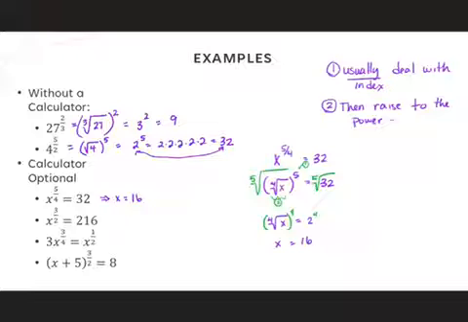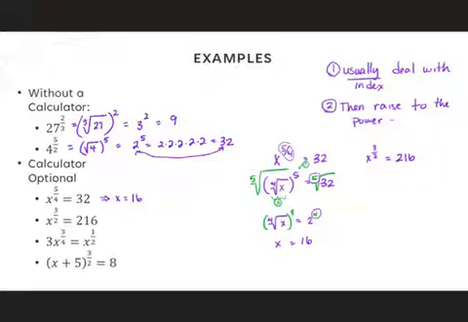Now, the reason we have rational exponents is because we can actually get there a little bit quicker. So let's take x to the 3/2 equals 216. Now we took a 5th root, right, and raised it to the 4th power. We started with a 5th power and a 4th root, okay?